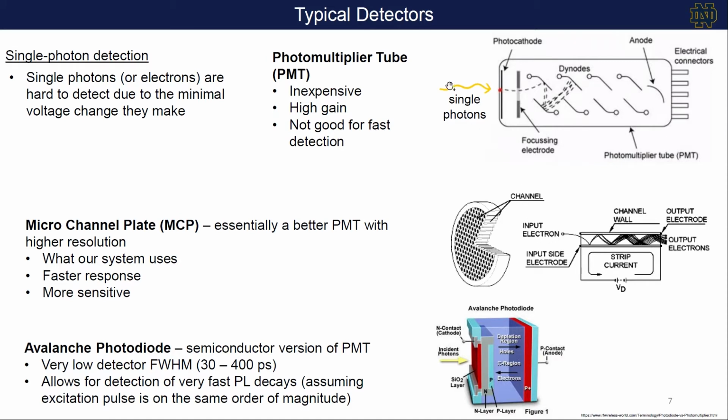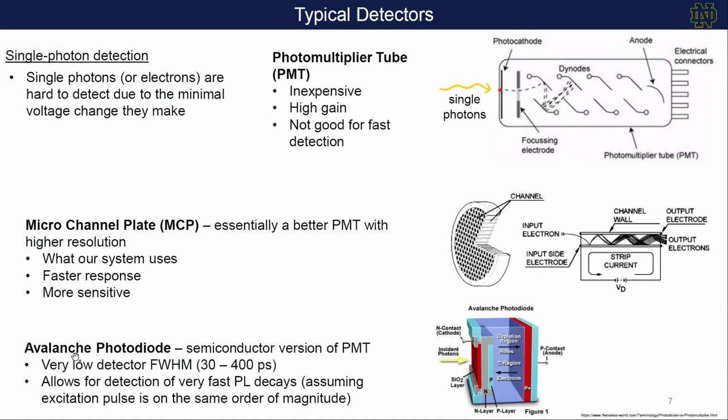So if we have our photon, which has hit the photocathode and made an electron, that input electron will go through and hit the inside of the channel. And each time it strikes the inside of the channel, it's going to do the same thing it did with these diode plates, just within a tiny little channel. And so it's going to go from 1 electron to 10 to et cetera, all the way down until you have a nice big voltage you can read. So that's the MCP, the microchannel plate detector.